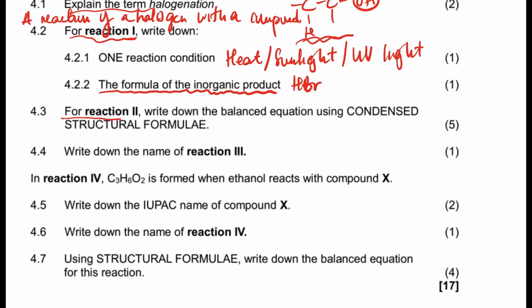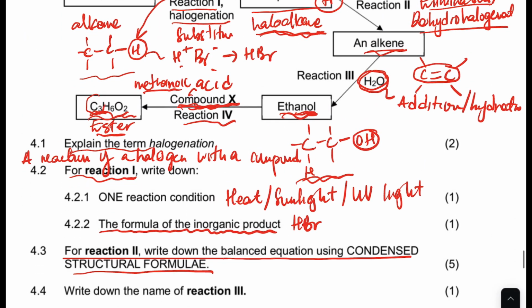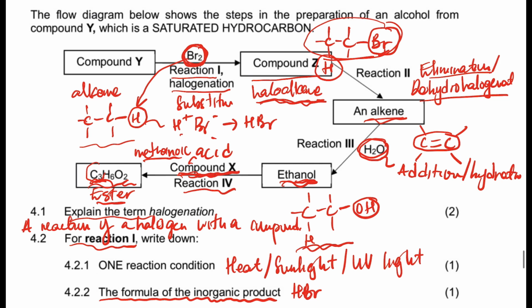Now it says 4.3, the reaction 2, write down the balanced equation using the condensed structural formulae. So 4.2.2, they want the condensed structural formula from this haloalkane to this alkene, right?